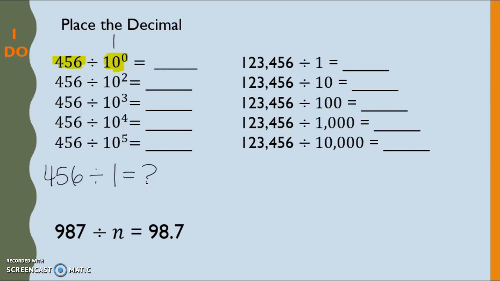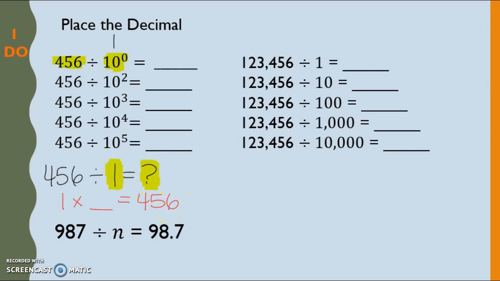Based on what I know about fact families and the inverse operation between numbers, I know that these two numbers in the equation are actually factors. So if I were to rewrite this, I would say, okay, 1 times some unknown number equals 456.